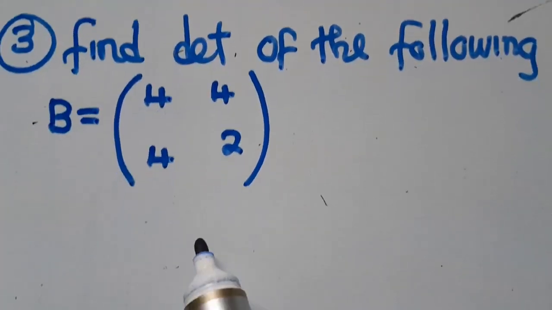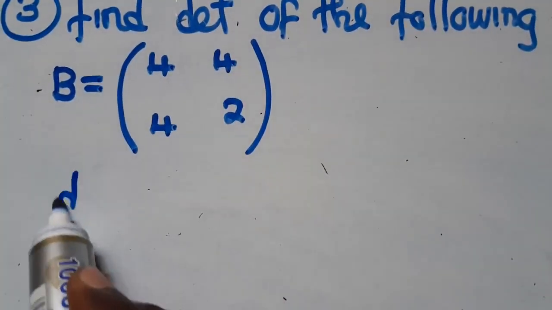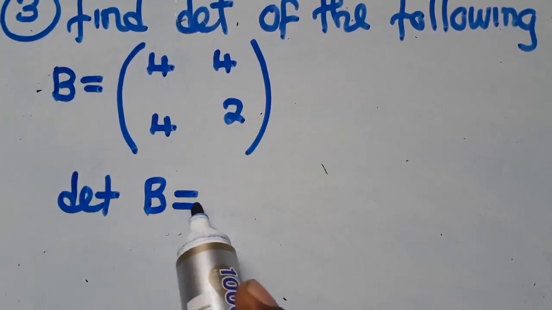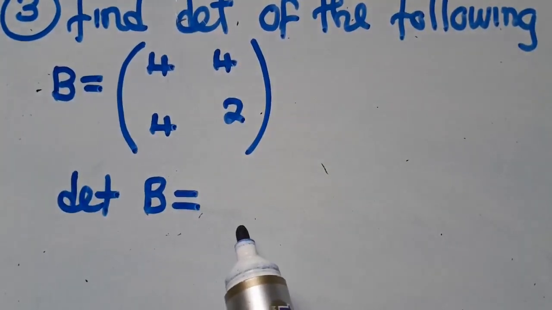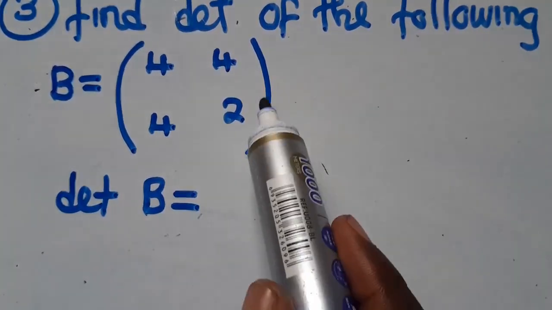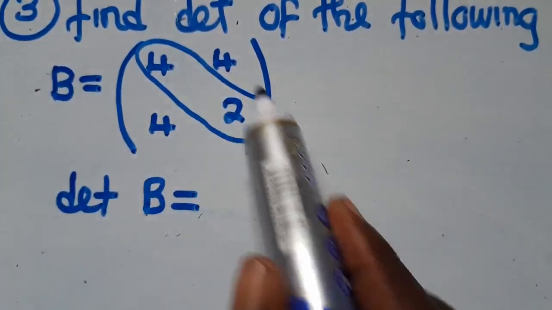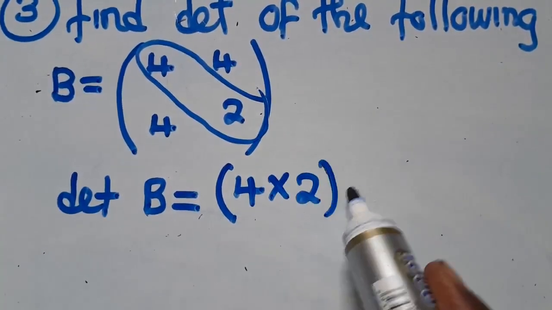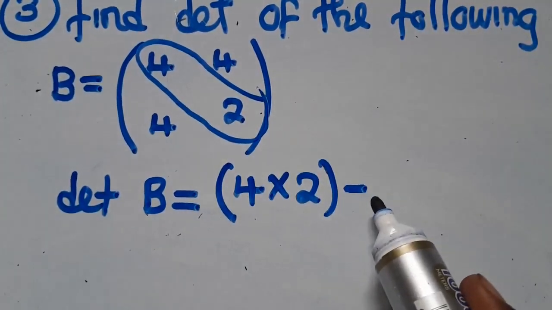How can you find the determinant of that matrix? Determinant of B is equal to, you say major diagonal. What are you having in the major diagonal? This is your major diagonal. So you multiply what is in the major diagonal: 4 times 2, minus is part of the formula.